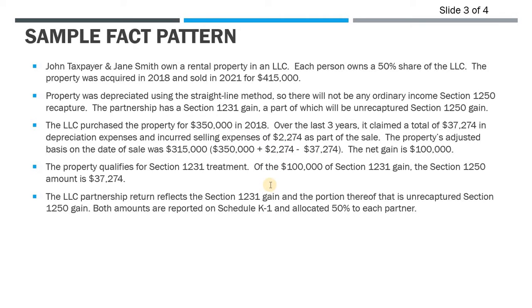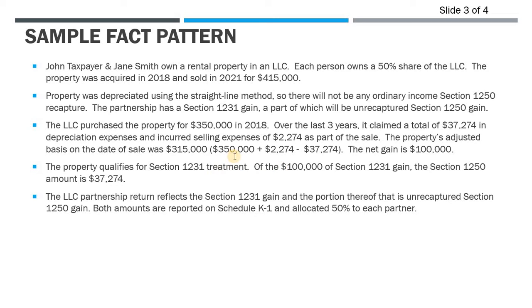Now the LLC bought this property for $350K in 2018. And then over the 3 years leading up to the sale, they claimed $37,274 in depreciation. And they incurred $2,274 as selling expenses as part of the sale. So we're going to see all these numbers on the 4797. I'll go over them once again. Now, after you consider the depreciation expense and the selling expenses, the adjusted basis of the property is $315,000.